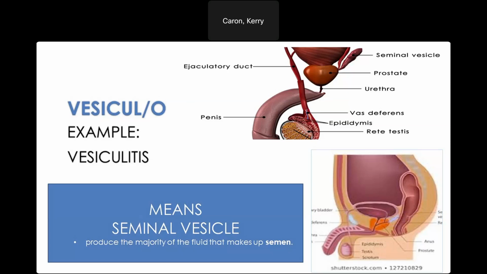The vas deferens transports it. The seminal vesicle makes up the fluid that carries it. And then the prostate secretes prostatic fluid, which protects the sperm. So vesiculo is the seminal vesicle, and vesiculitis is inflammation of that seminal vesicle.